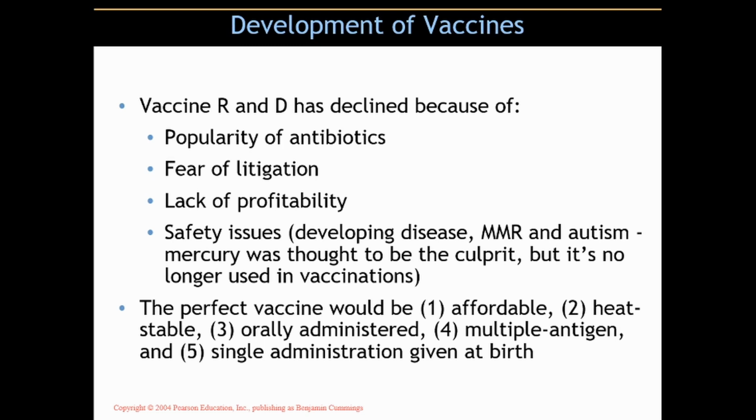Now, speaking of research and development, vaccine research and development has declined because of these primary issues. Popularity of antibiotics. Antibiotics are used to death. We are using them far too much for far too many illnesses. We get them prescribed far too quickly. Some doctors are willing to give them out far too easily as well.